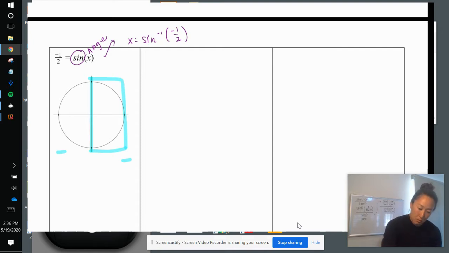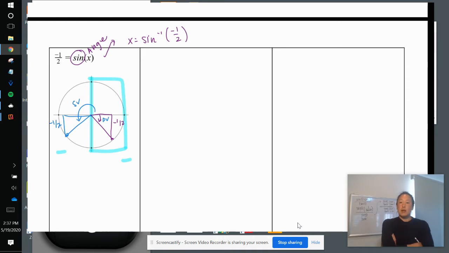So my primary value is going to come from right here, negative 1/2, a triangle like that. And my secondary value is going to be mirrored across the y-axis over here, again a sine ratio of negative 1/2. So I need to know what this angle is. This is the secondary value, and my primary value is right there in the fourth quadrant.